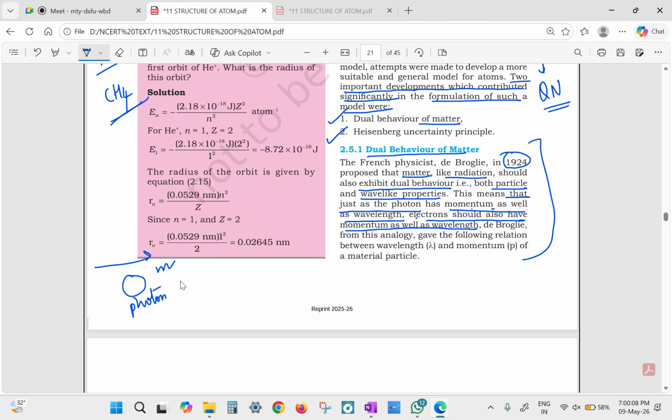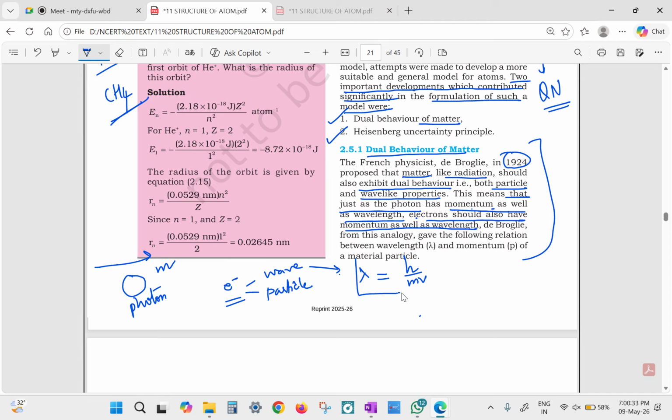Similarly, an electron also should have both wave-like behavior and particle-like behavior. So when you say wave-like behavior, then it should have some wavelength. The wavelength for a particle like the electron was proposed to be equal to h upon mv.